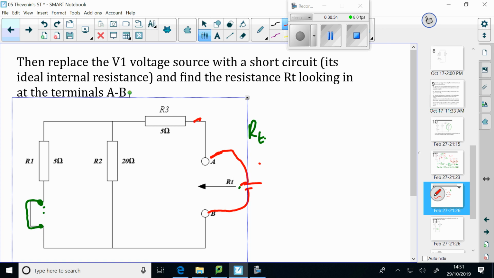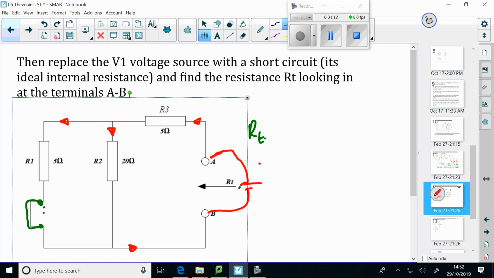Through R3, yeah. When it comes here, what does it do? Split. So some will go down there, some will go down there, but that meets up again. So what type of circuit have I got? How are these two resistors connected? Yeah, so we've got one resistor in series with two others in parallel.